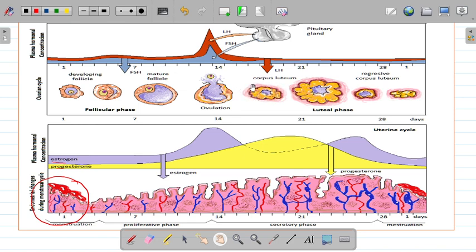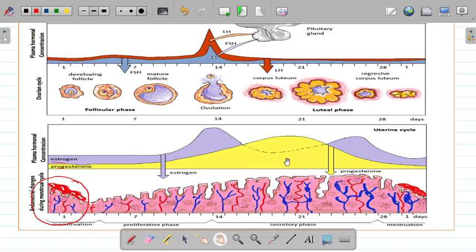Corpus luteum is formed from that ruptured follicle. Then, if corpus luteum is present, it's going to start releasing what hormone? Progesterone. Then you'll see here the yellow part, progesterone levels around day 20 to 21 to 22.